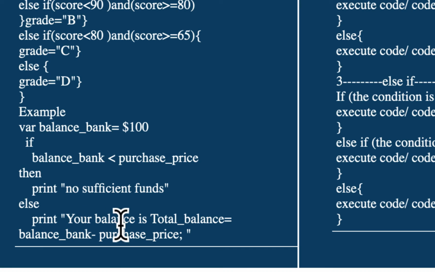Else, your balance is total, so we tell them the balance they had minus the purchase price, and right now the remaining balance is that amount. So the if condition should be true, and then we have else if, else if, and else.